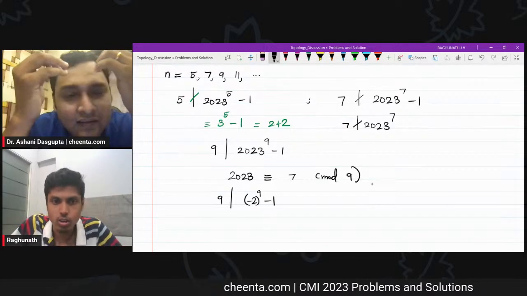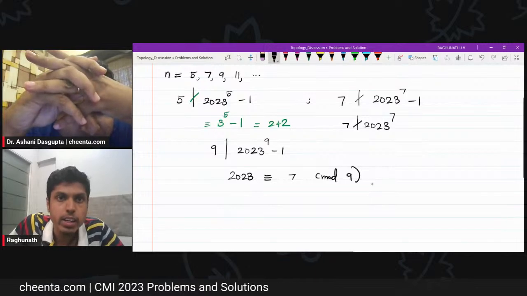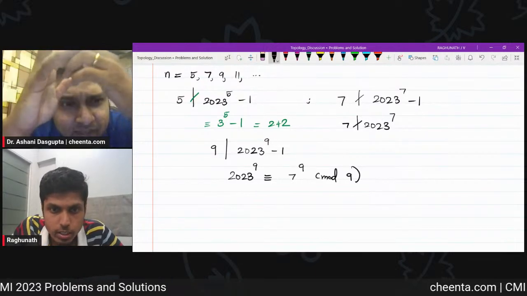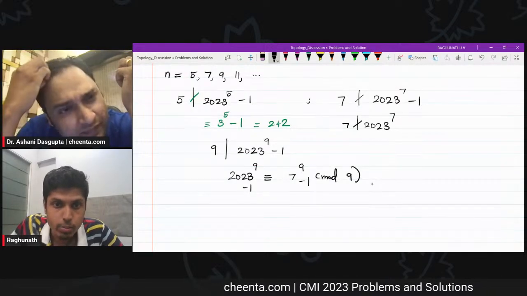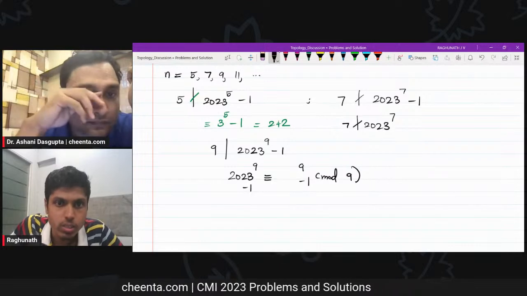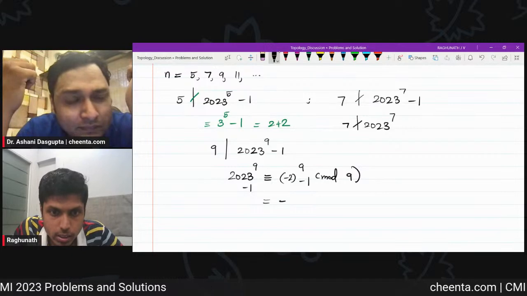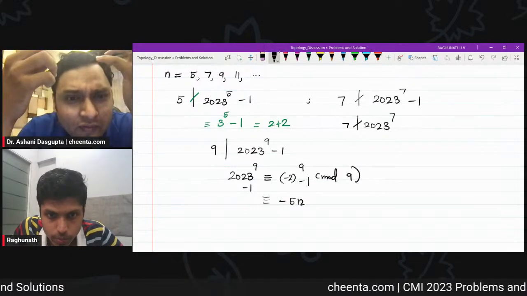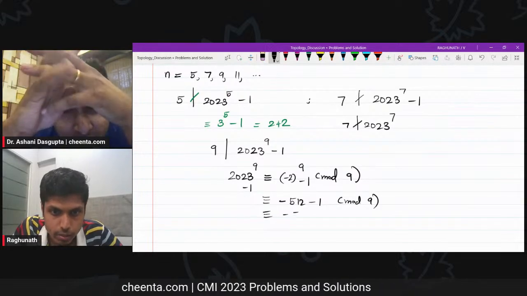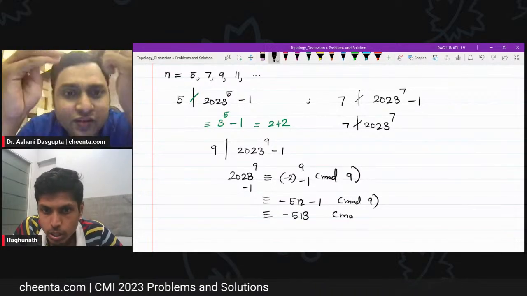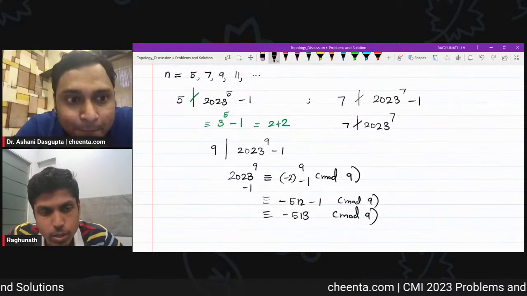So 2023 power 9 is congruent to 7 power 9, and this minus 1 is congruent to 7 power 9 minus 1, and 7 is congruent to minus 2, so minus 2 power 9 is minus 512, minus 1 mod 9, which is minus 513 mod 9. 513 is divisible by 9 because the sum of the digits is divisible by 9.